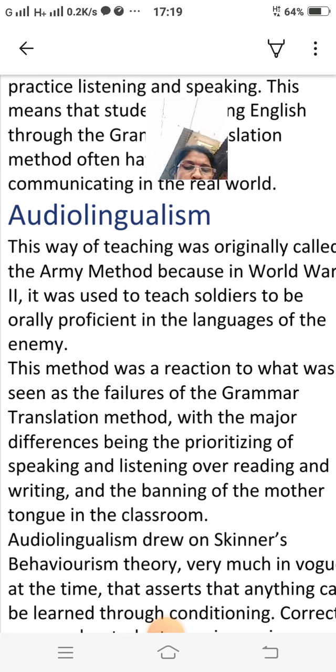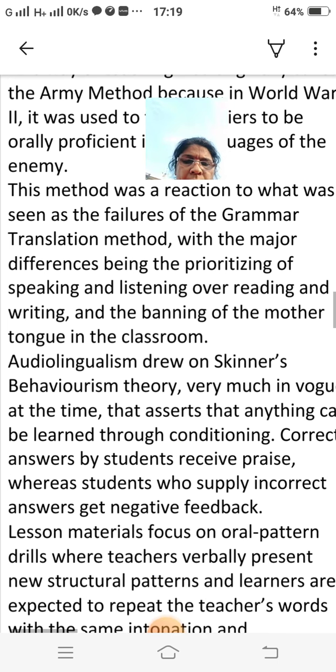Audiolingualism drew on Skinner's behaviorism theory, very much in vogue at the time, which asserts that anything can be learned through conditioning. Correct answers by students receive praise, whereas students who supply incorrect answers get negative feedback.